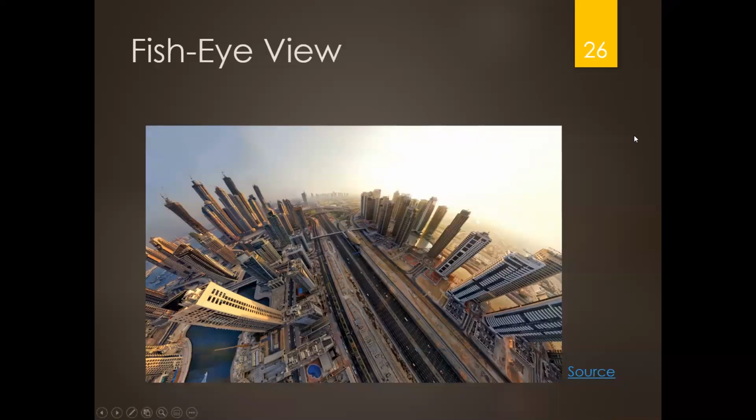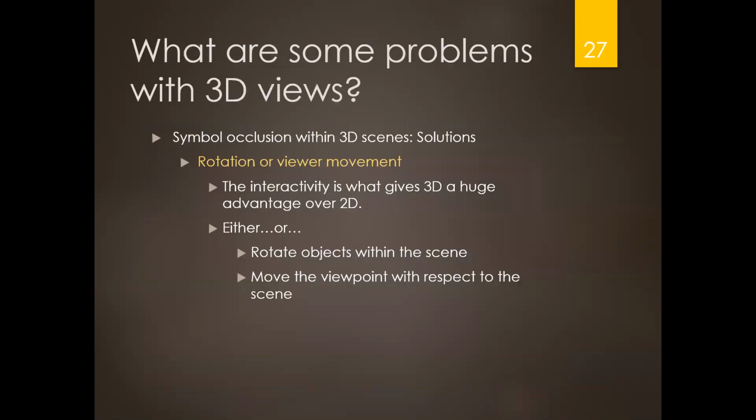Well, next we still have other methods for the object occlusion problem. The next one is more complex though. If you can make your 3D geovisualization dynamic, it will be very convenient to solve this problem. I think that's a perfect way to do this, right? It's called rotation or viewer movement.